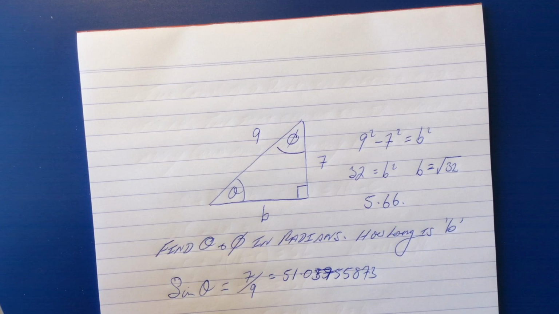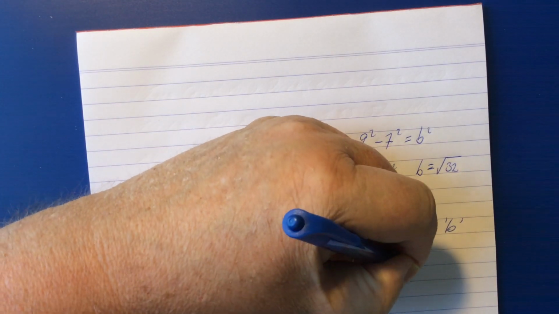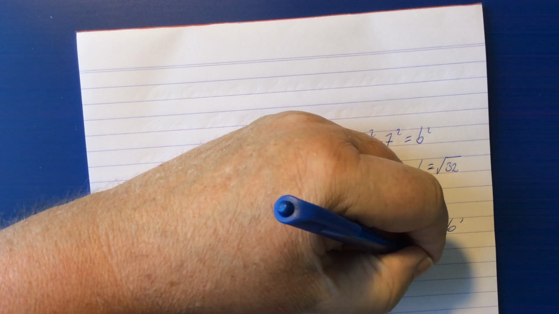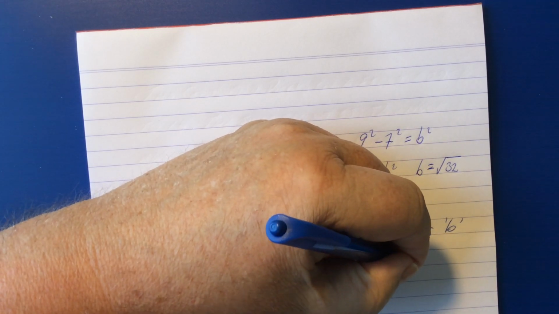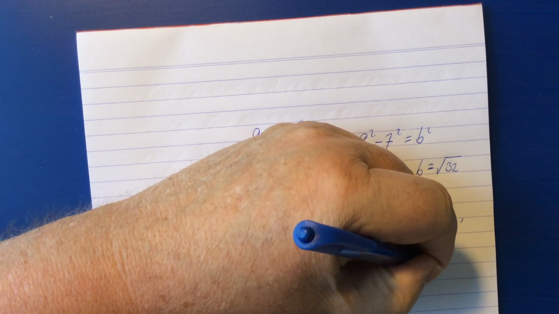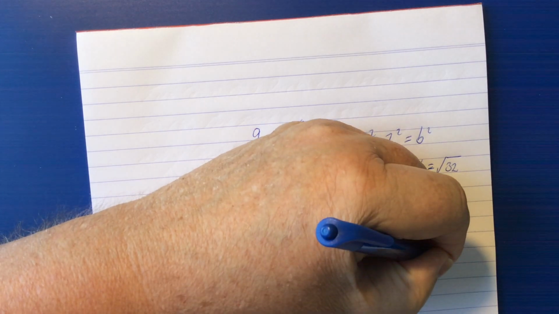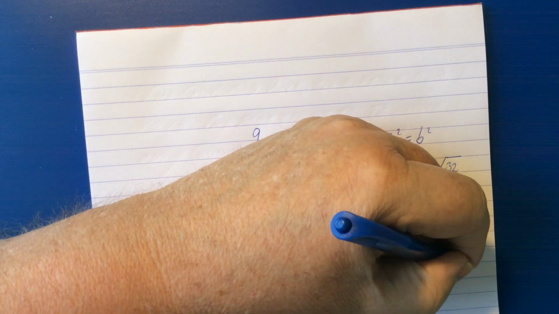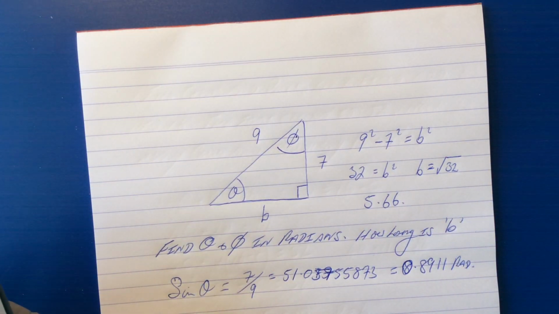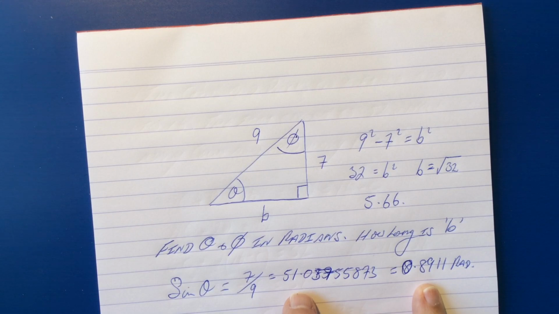And what that gives me is 0.8911 radians, which kind of makes sense. 1 radian is about 57.1 degrees. We're getting up towards 0.9 of a radian, 51 degrees.